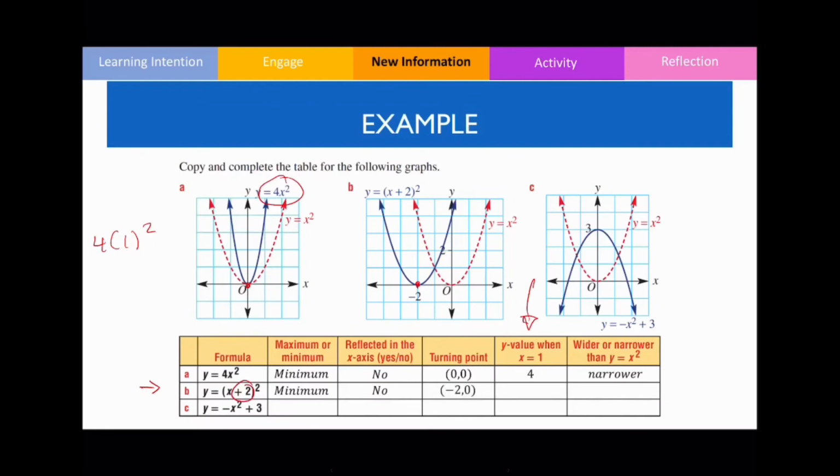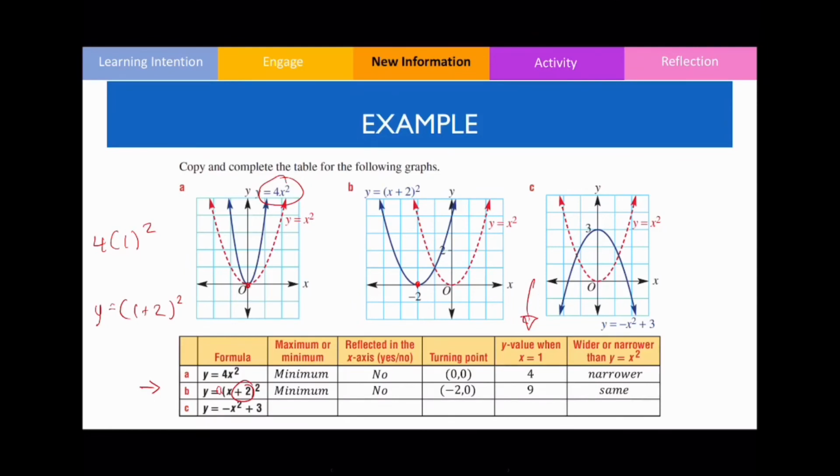For your y value, substitute x equal to 1, so y is equal to 1 plus 2 whole squared. 1 plus 2 is 3, and 3 squared is 9. Because I've got no number in front of the bracket, it's going to stay the same. A is equal to 1, so you haven't made it narrower, you didn't stretch it out, and you didn't make it wider.